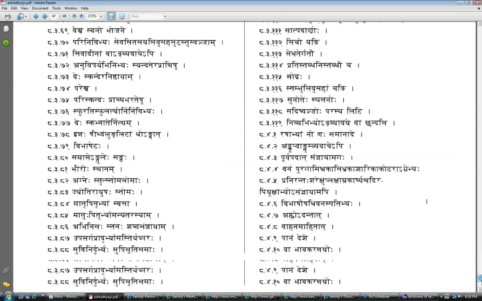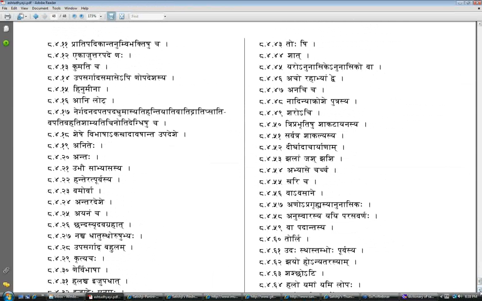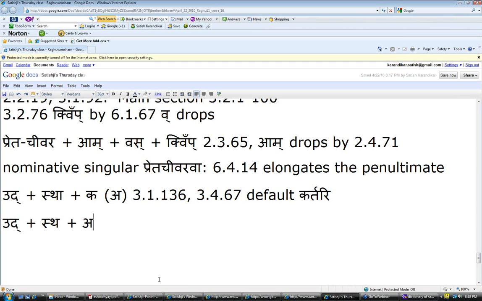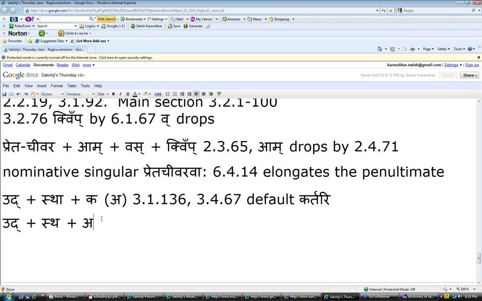Ashtadhyayi ends in 8.4.68, so now we are down to the last 13 rules. 8.4.55 is kharicha, so the dakar of ud is going to become ut by kharicha. We'll finish that off, and then comes the important rule which I think I gave for homework last time. Let me just do this.